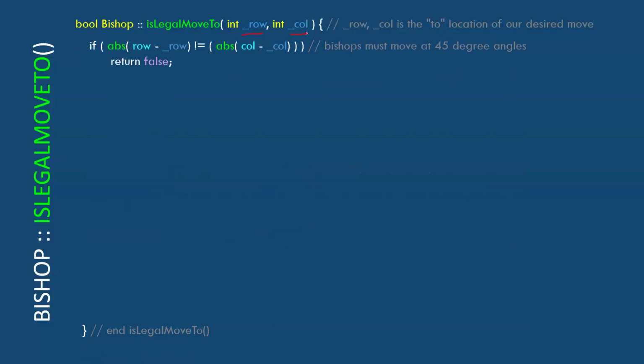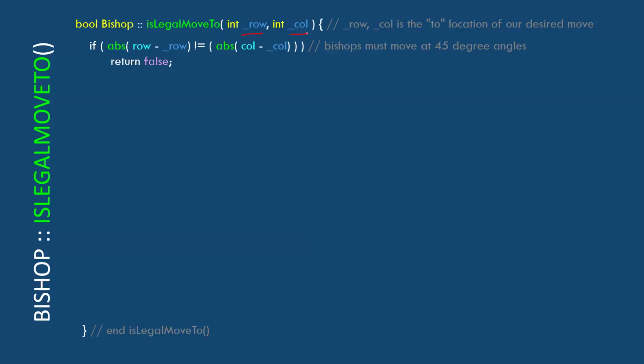Now, as for the logic of whether it's legal for the bishop to move to this location from wherever its current row, column data members are, all we really need to do for the bishop is, first off, make sure that it's moving at a 45-degree angle, because that is part of its logic.